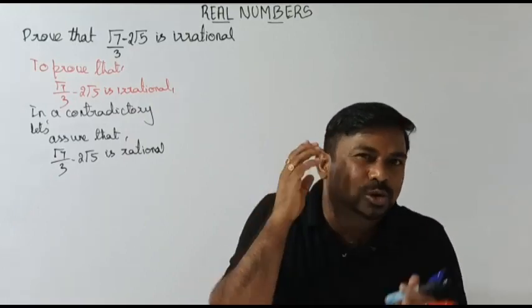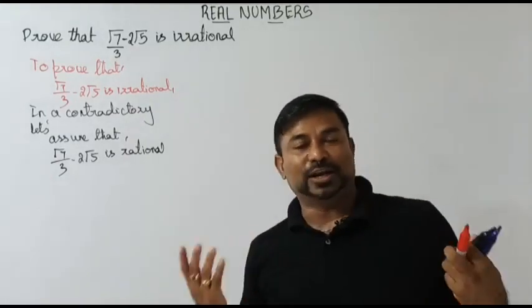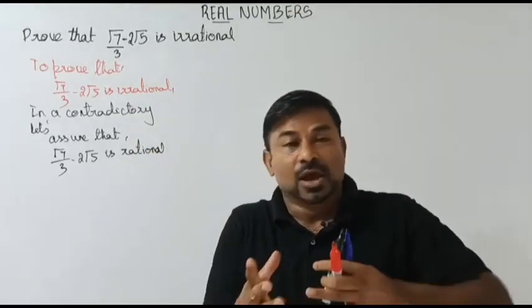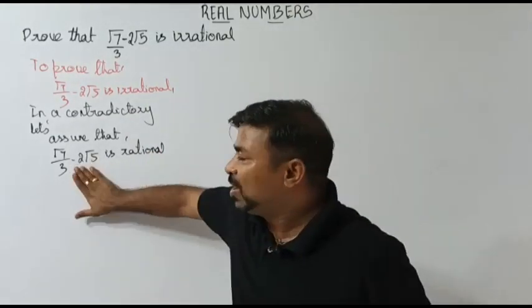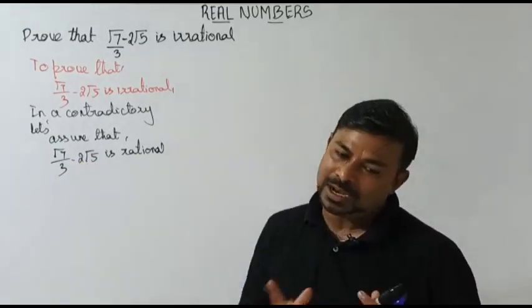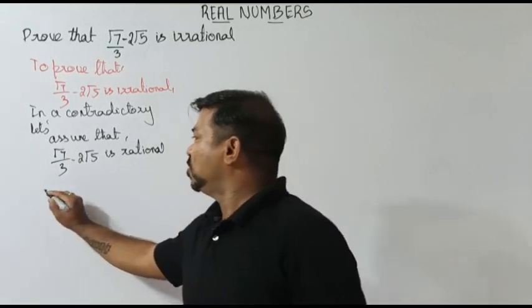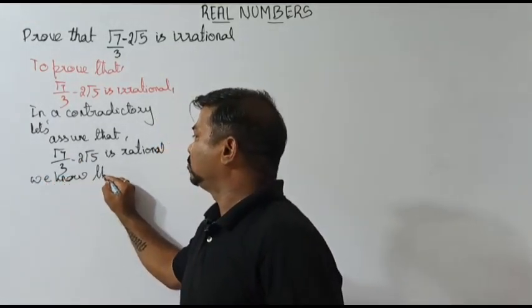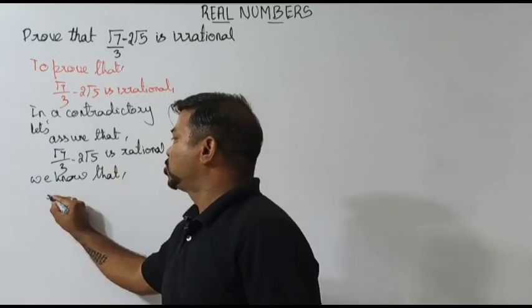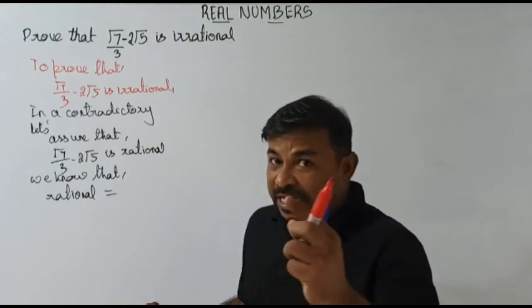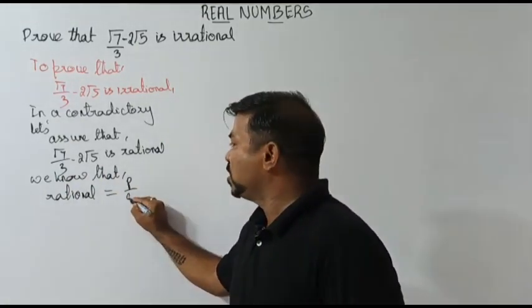Now think about all the rules of a rational number. What is a rational number? How does it look? What are the rules? Is the number we have assumed satisfying all the rules of a rational number? Let's check it out. What do we know about a rational number? A rational number looks like the form p by q.